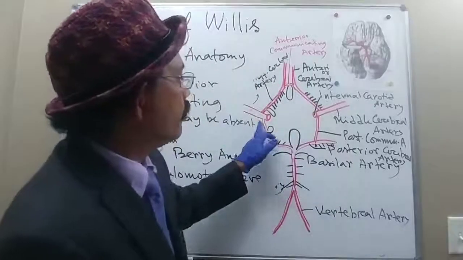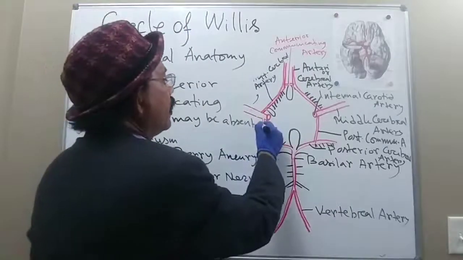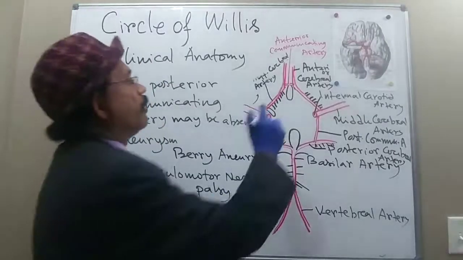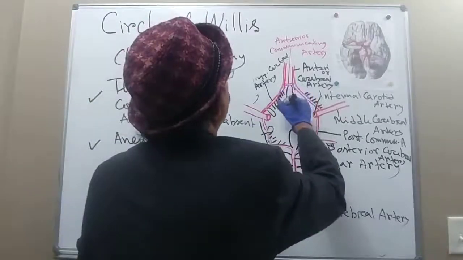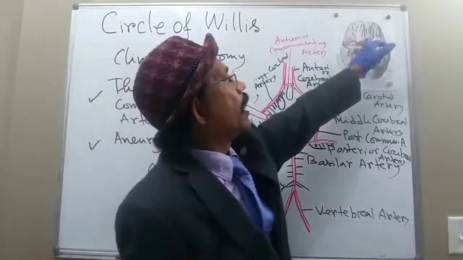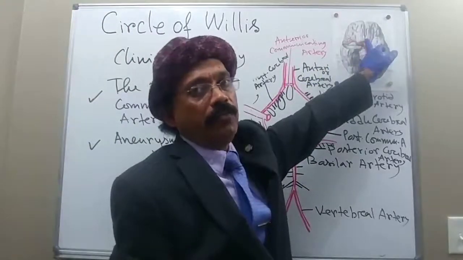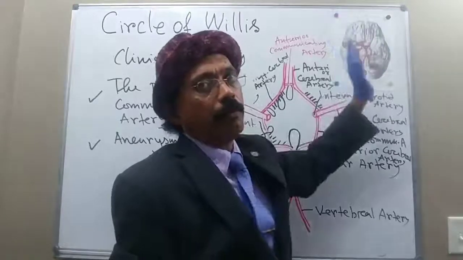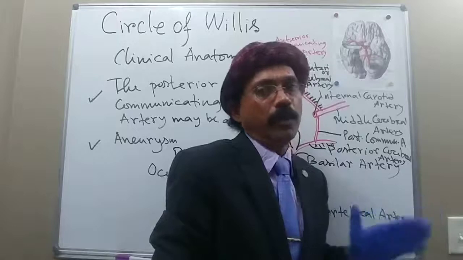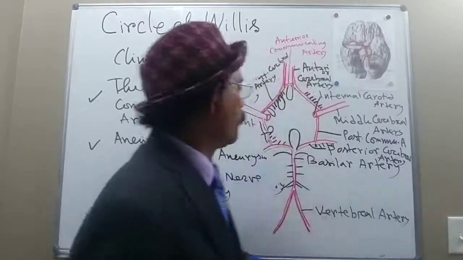So any aneurysm may damage the third cranial nerve. Or if I have a big aneurysm here, it may damage the optic chiasm. There may be blindness due to compression on the optic chiasm. Partial blindness is possible.